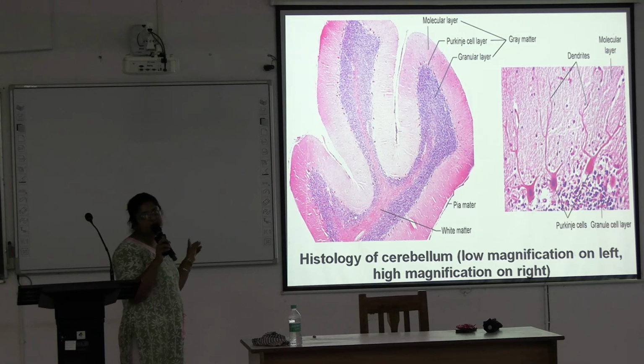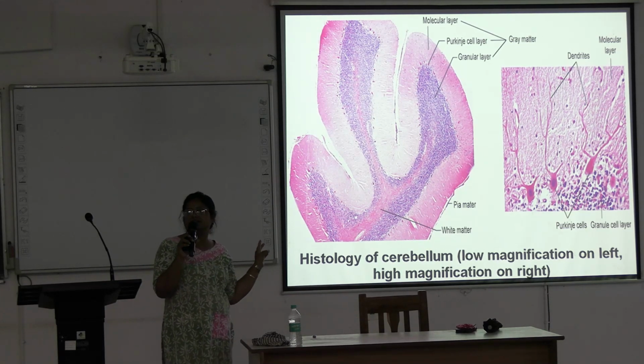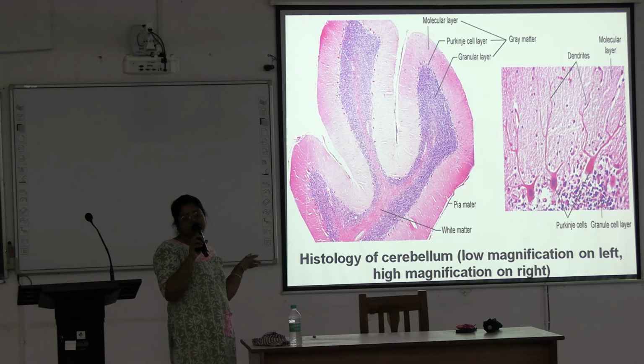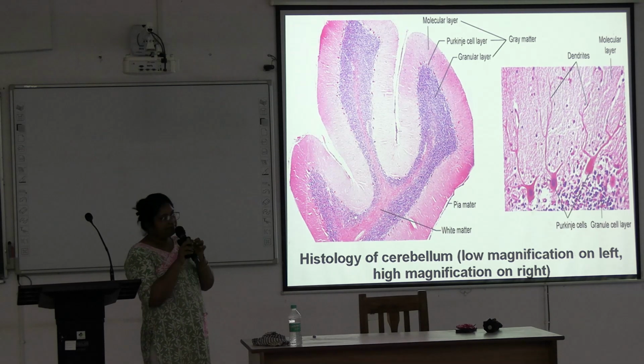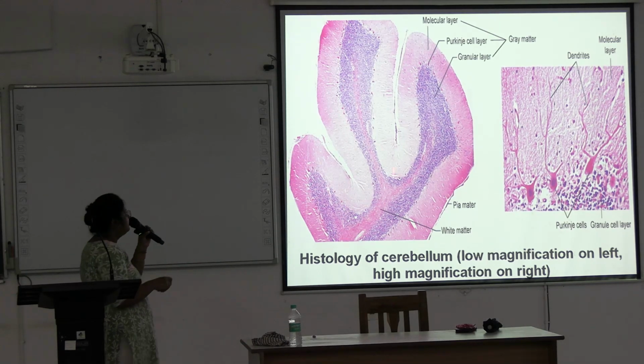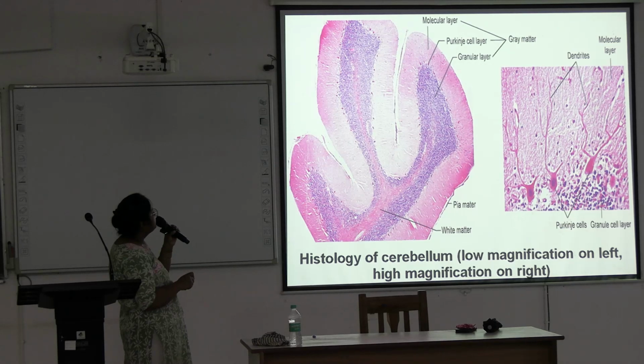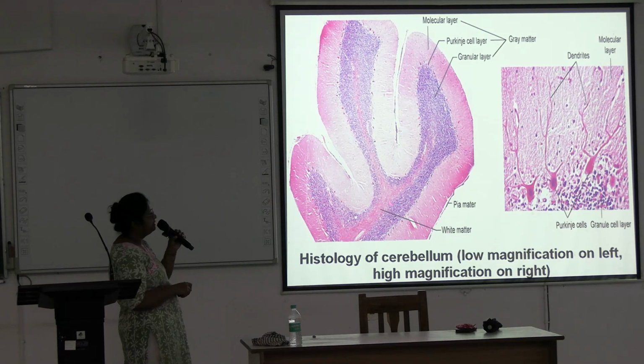In a histology spotter slide you have to identify these Purkinje cells, and through these Purkinje cells you can identify that it is a cerebellum. So this is a single layer of cells. Then this dark portion with blue dots is the granular layer.